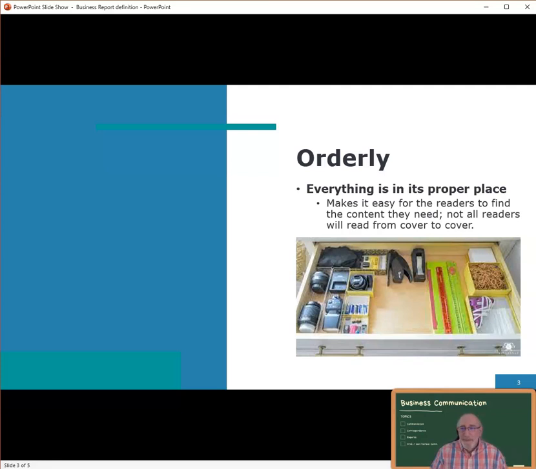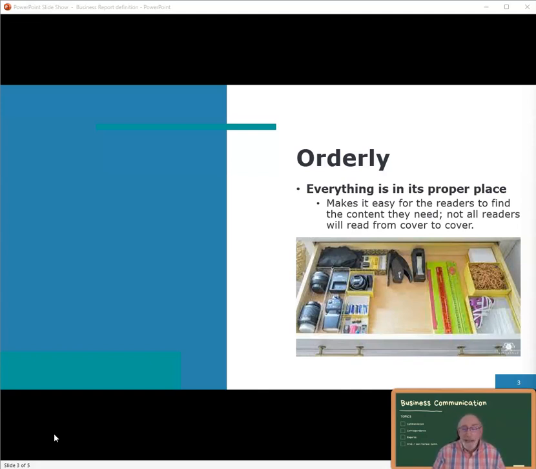But what does that mean? Pause the video for a moment and think about that. Have you thought about it? Basically, it means that everything is in its proper logical place. Being orderly or organized means information is easy to find.